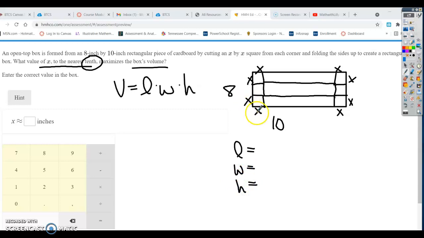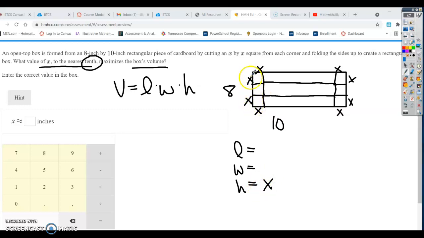All right, height is the easiest because when we take these corners and we fold this up, because this is one flat sheet, a piece of paper, but the reason we're cutting out these corners is because we're going to fold this up to make a box, okay? So the height will be as tall as that length right there, which is just x.